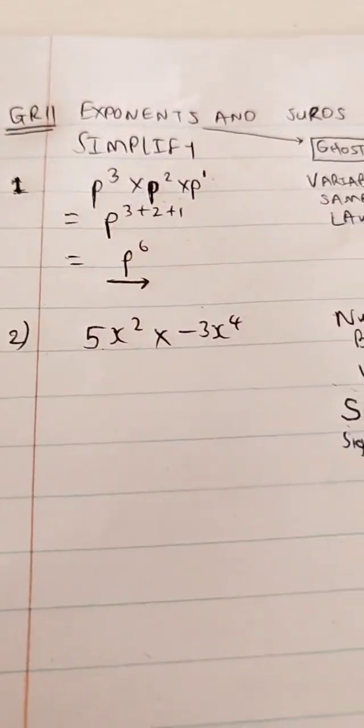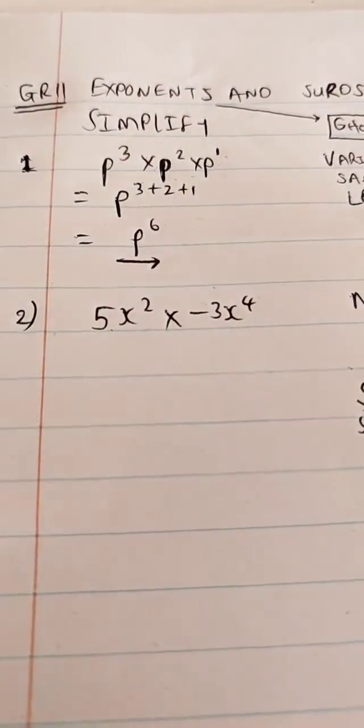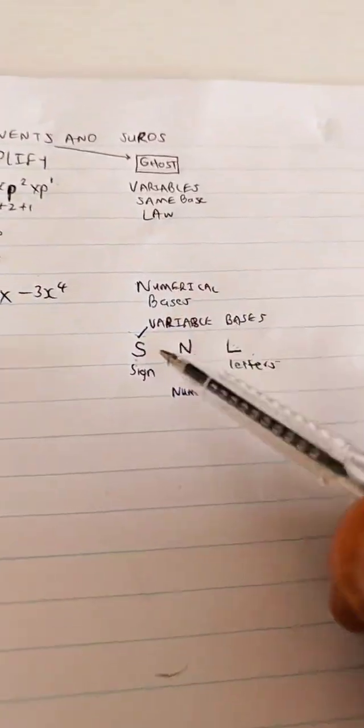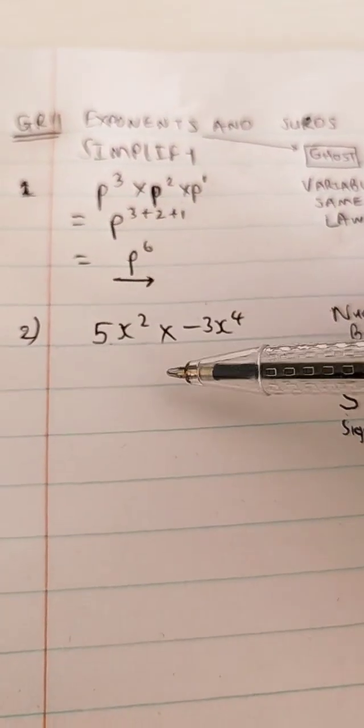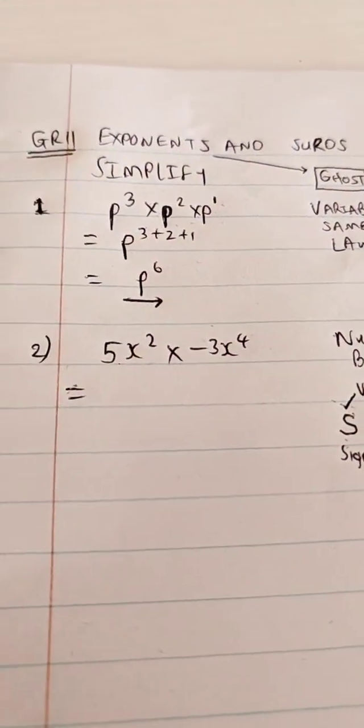So when we come here, we need to first multiply what? The sign. That's our focus first. So when we are dealing with exponents, we must not forget the laws that have to do with our signs, right? Now, we have a positive 5x squared and we have a negative 3x to the power 4. So what is a negative times a positive? That simply gives us a negative.